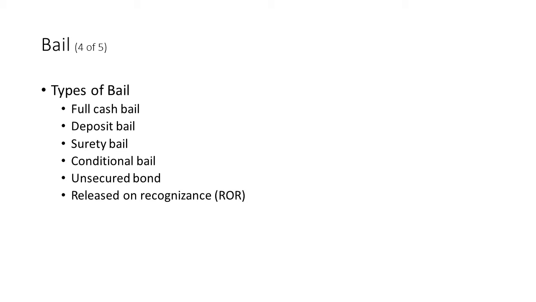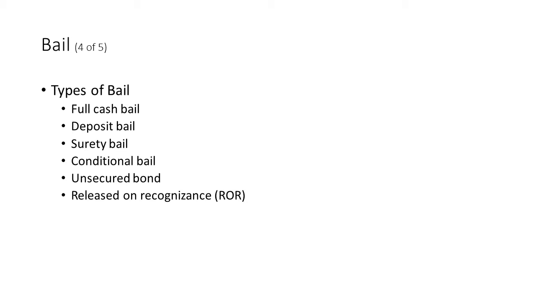Usually this is for really low-level offenses, first-time offenders in the community: traffic infraction, disorderly conduct, maybe a petty theft or a simple assault. Released on own recognizance. That is one way a defendant can be released.